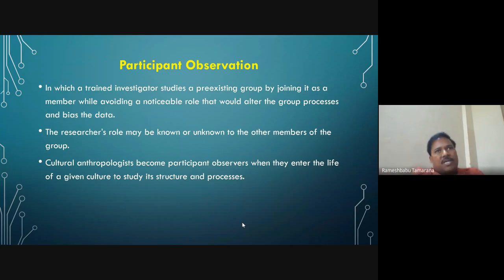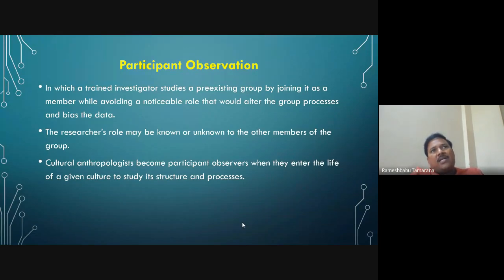Ethnography is a kind of participant observation, because ethnographic studies, mostly in cross-cultural psychology and anthropology, require you as a researcher to immerse yourself in the group, and they forget that you are an outsider. The entire group believes you are part of their group.